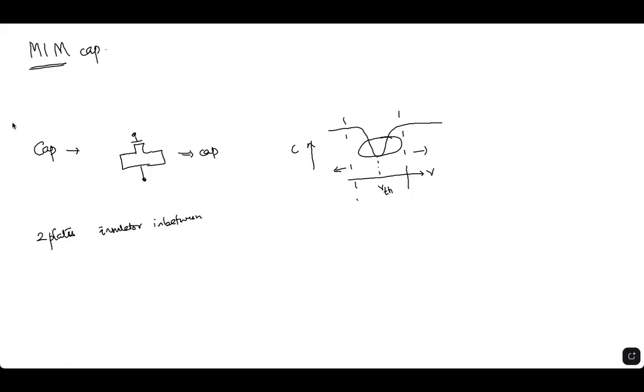So let's have two metals running parallel. Both are the same metal layer. They are running very parallel, and they have a fixed width between them.